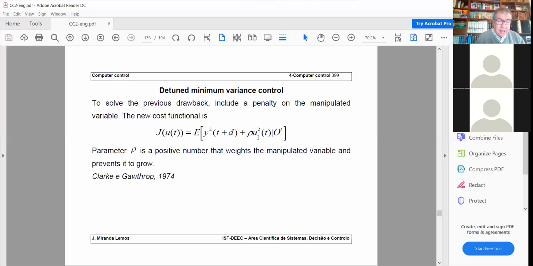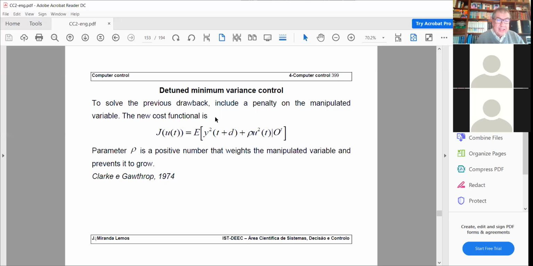But they are still not yet able to stabilize open loop unstable and non-minimum phase plants, both things. Now, the next step will be, okay, we have the control law based on a one-step horizon.